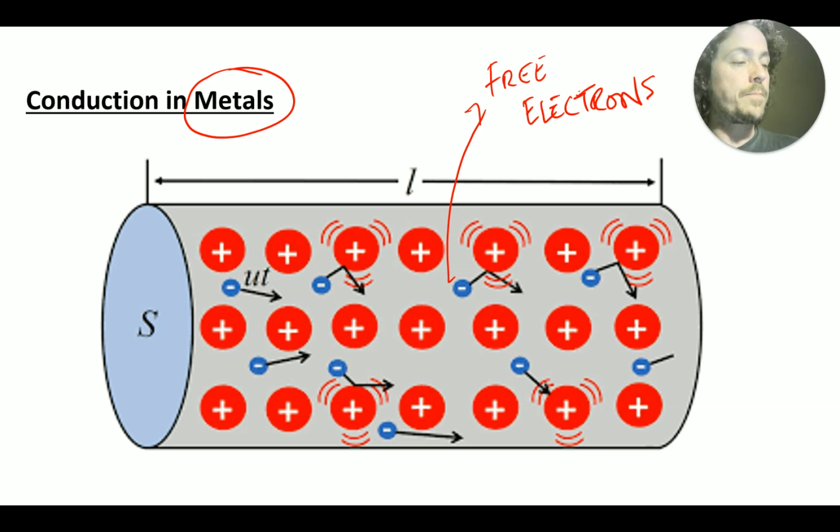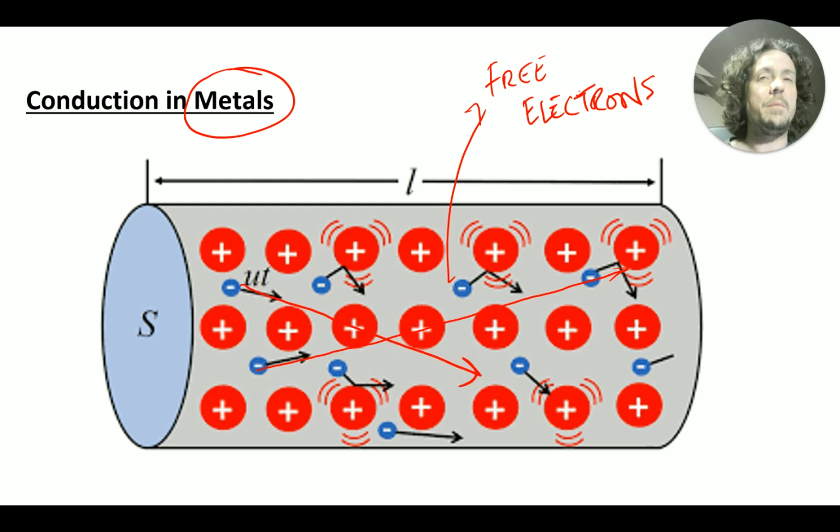Because just like with electricity, a particle can whiz all the way through a metal from one end to the other, make a collision with an ion, one of the atoms, and pass the energy on. And this process happens in addition to that vibration that we talked about in the last slide.